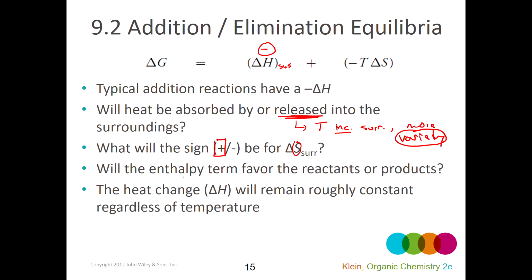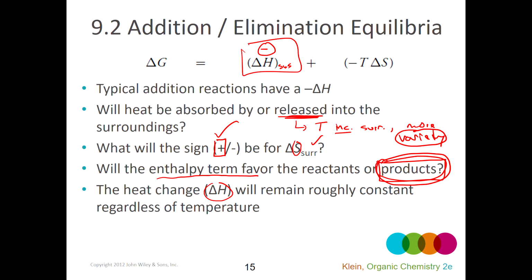And so the enthalpy term being negative favors the process, because any process that increases entropy for the universe will be a product favored process. It will shift toward the state that produces the greatest total entropy for the universe. And so we have a negative value for delta H here, and that's product favored due to the fact that it increases entropy for the surroundings. So now let's look at the entropy term.